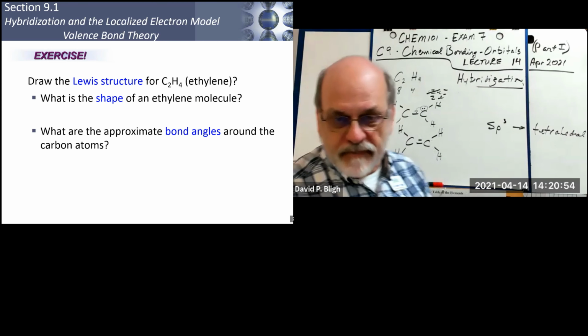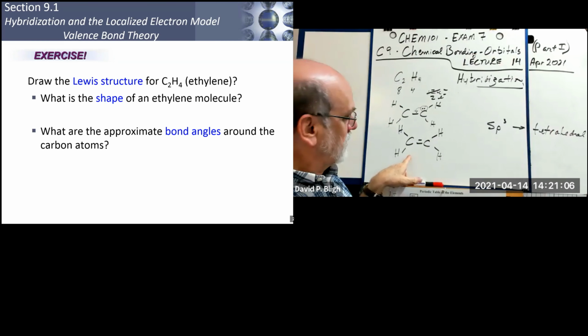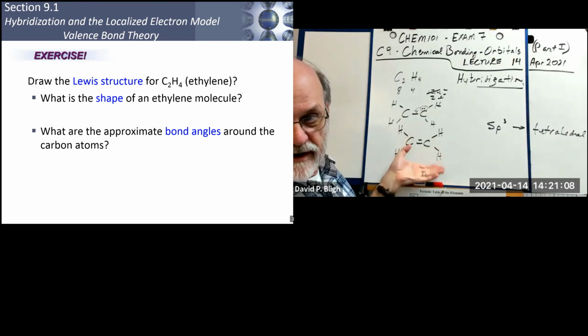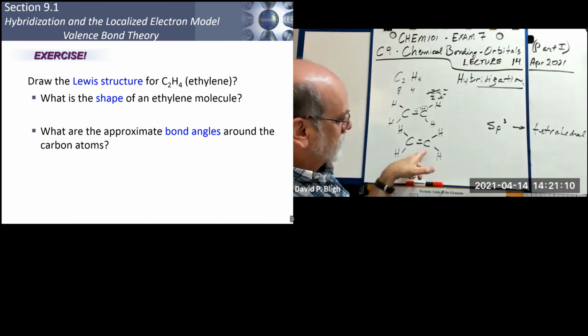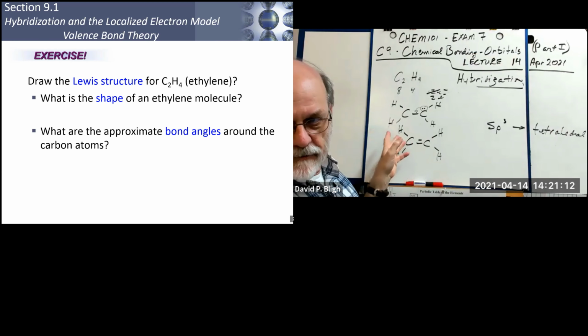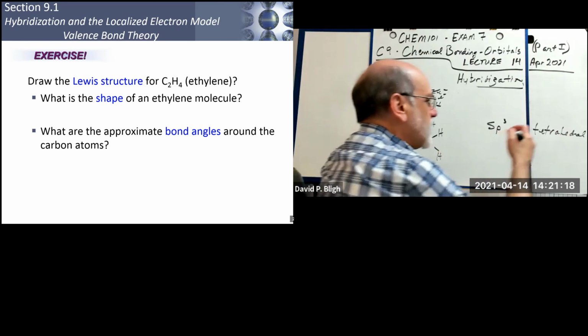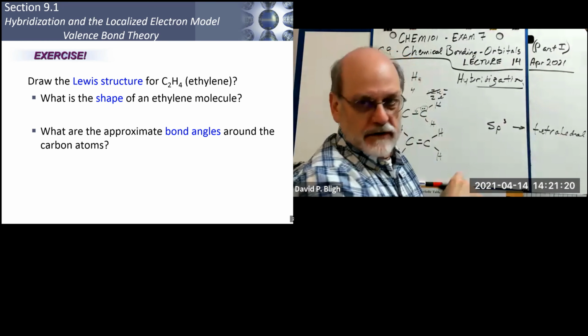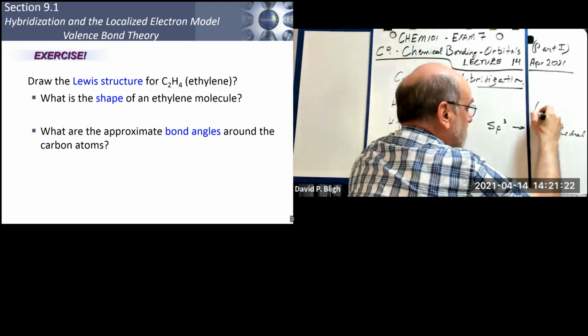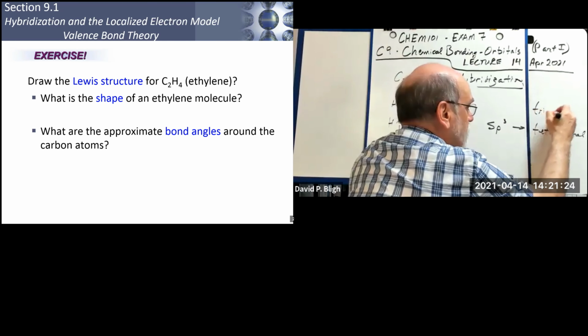So this atom can have one structure and this atom can have another structure. Of course, in this case, they're equivalent. You can see that just by looking at the molecule. So if we do one, we've actually done the other one. So we look at that one and say, how many groups? There's 3 groups around it. So with 3 groups, we've got trigonal planar, correct? Trigonal planar.